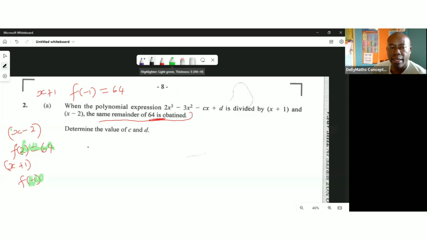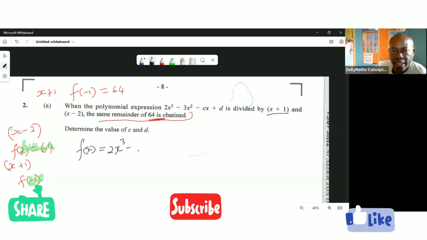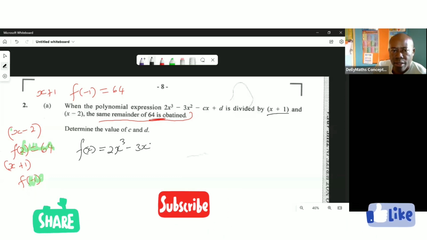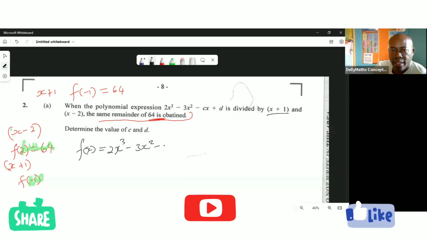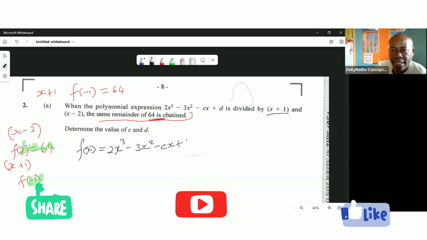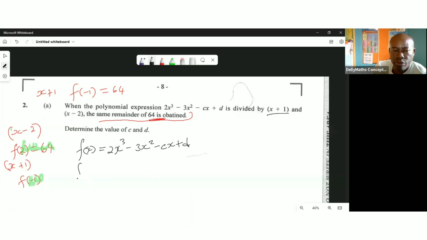All right, so we're going to be looking at f of -1, since x plus 1 was divided and got a remainder of 64. So f of x is 2x to the third minus 3x squared minus cx plus d. So I'm going to do f of -1 because x plus 1 was divided into it and gives us a certain remainder.